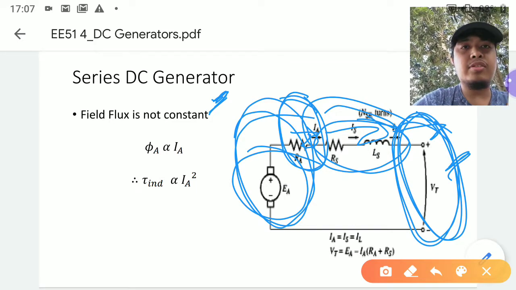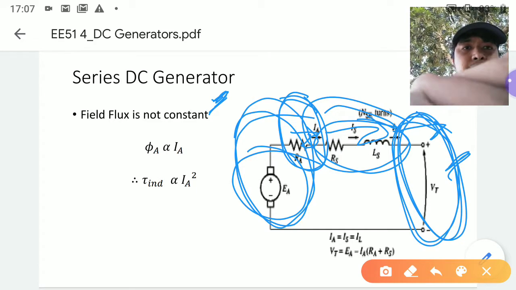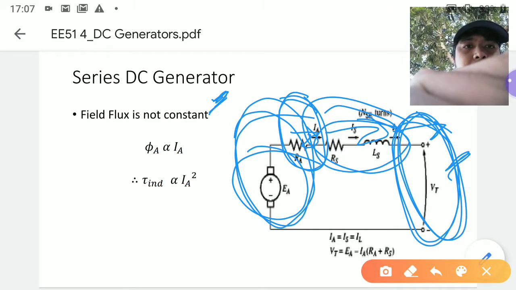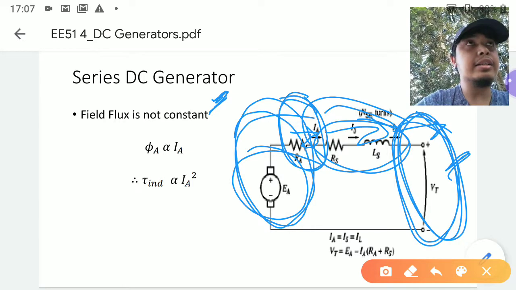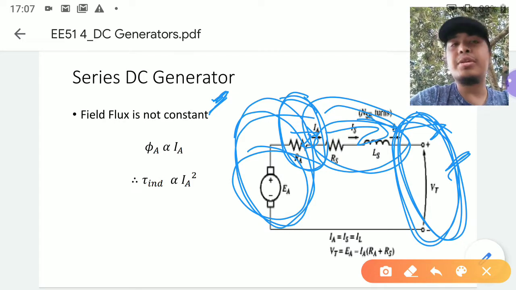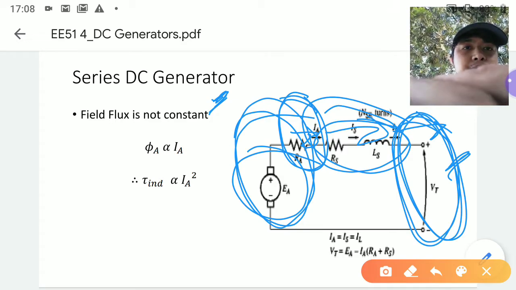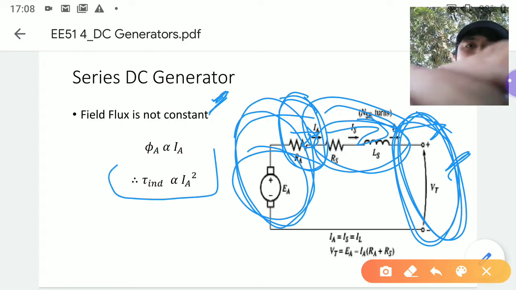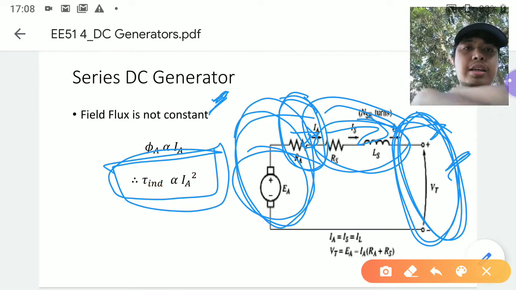So you want this series DC generator to be loaded, and your magnetic field is directly proportional to your armature current. Now your torque is directly proportional to Ia squared.